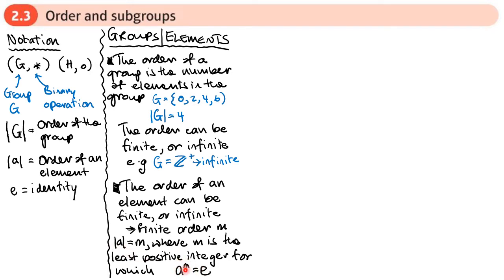So the number of times we need to go A^1, A^2, A^3, A^4, whatever this number is, and we get to E, that will be the order of A.